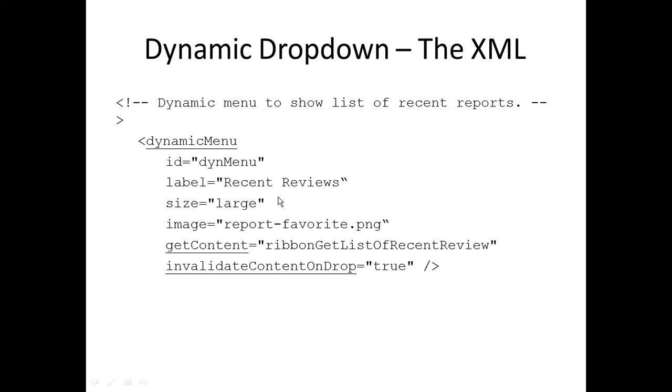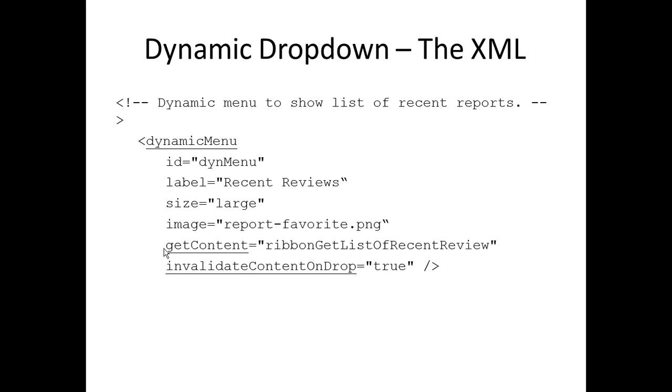I have a size large, and an image on it. Then it has a new tag, get content, that we haven't seen before. And there's invalidate content on drop, which basically means as the user clicks the button, it has to invalidate the control, and the meaning of invalidate is that it makes it reload the content.